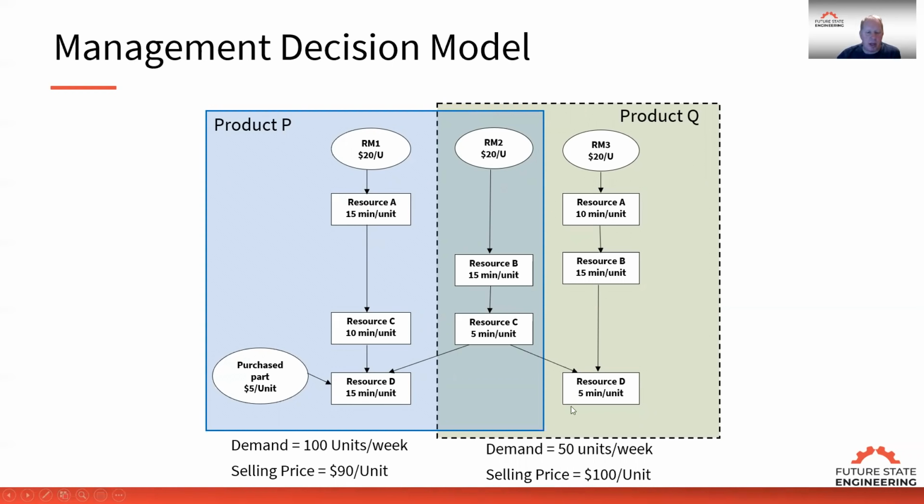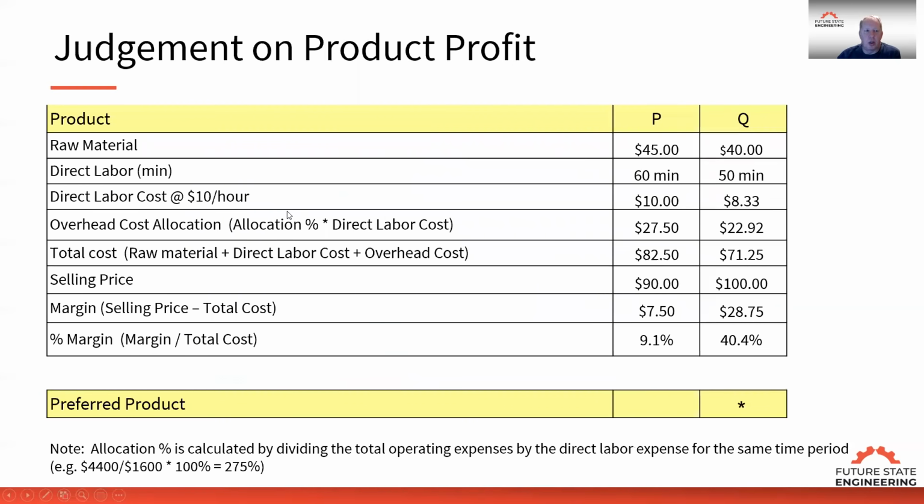Each one has a different demand and a different selling price. If you take these two products and you go through a cost accounting example by looking at material, labor, and overhead, and you come up with the total cost, and you look at the selling price and you calculate a margin, you see that product Q has a margin of 40.4 and product P has a margin of 9.1.